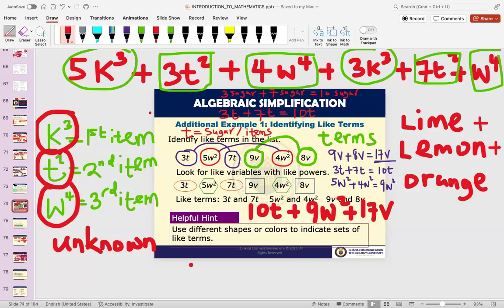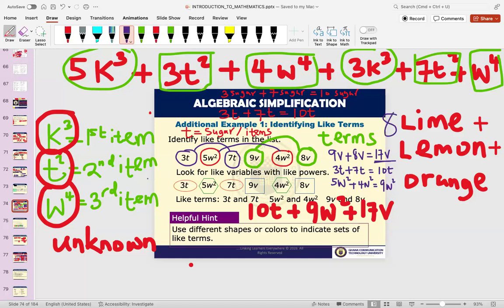But in what proportions or quantities are they? That is where we put the numbers together. If I pick the k cubed, which is representing the lime, I have 5 limes plus 3. So altogether, I have a total of 8 limes.